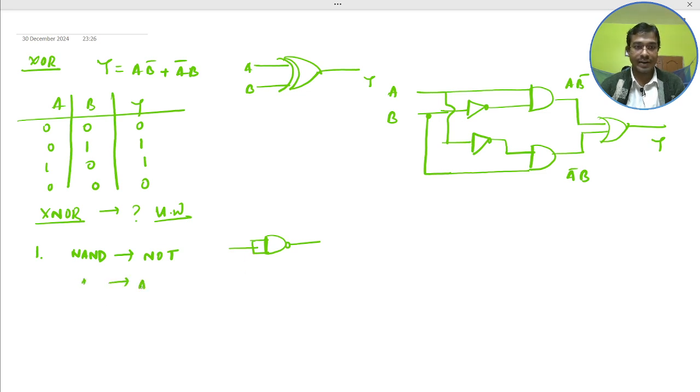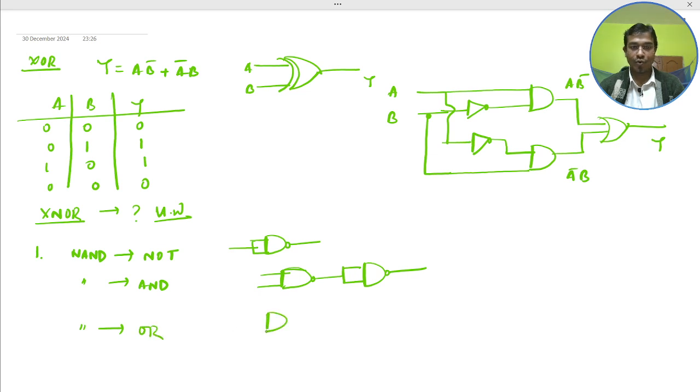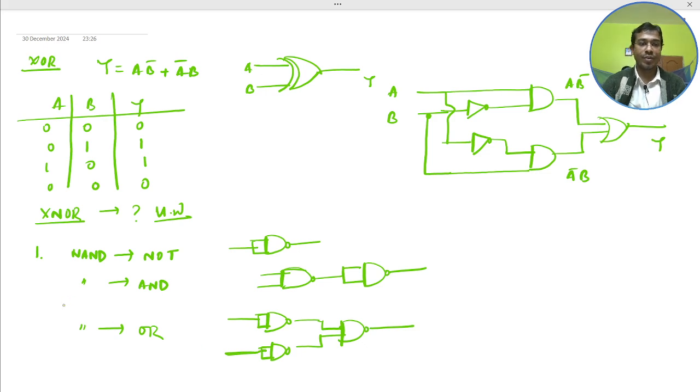And NAND to AND, this is the NAND, you just do this one, so this is the AND. So NAND to OR: two NANDs, these are joined into another NAND, this is NAND to OR.